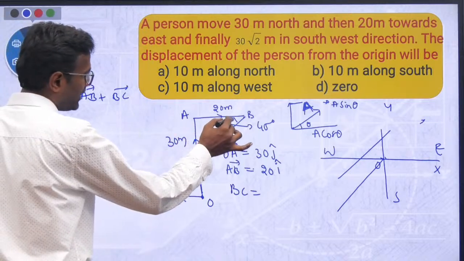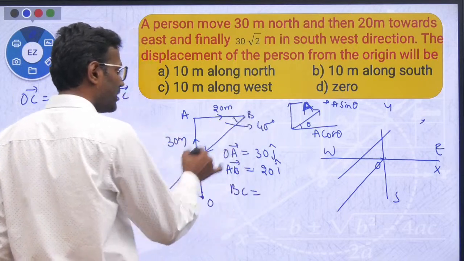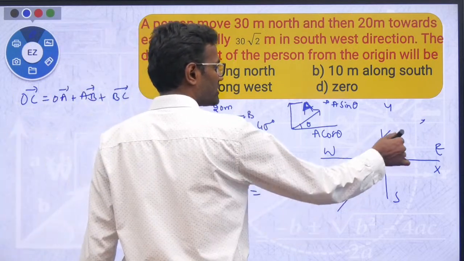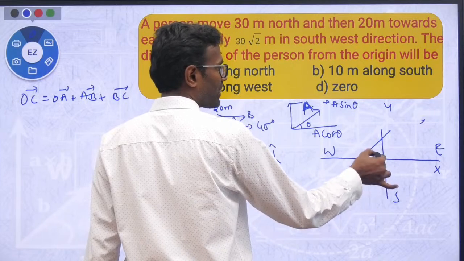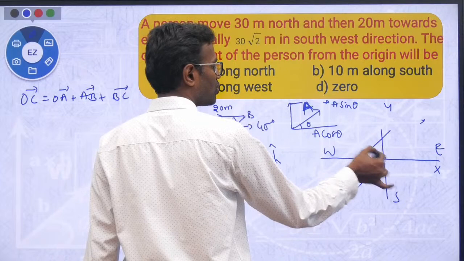Now BC bar: in this coordinate, it is in the negative x axis and negative y axis, so both components are negative.